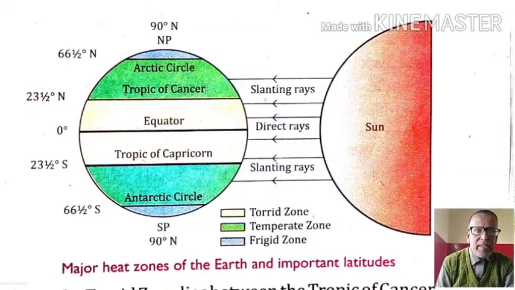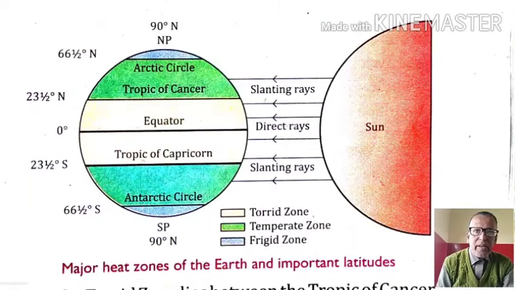So we see that there are three heat zones, namely torrid zone, temperate zone and frigid zone. And extent wise, from 0 degree to 23.5 degree in both the hemispheres, it is torrid zone.